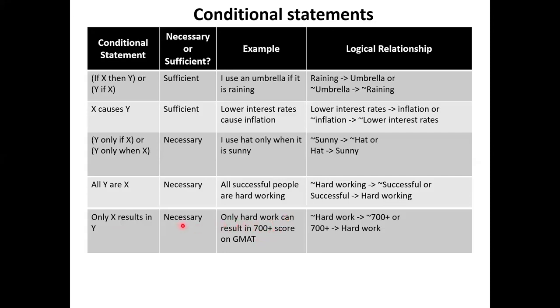And since it's a necessary condition, how do we express this, friends? Remember, not X, not Y, which means if a person does not work hard, then that person cannot score 700 plus on GMAT. Now, the moment we have this logical relationship, arriving at this relationship is not difficult because it's just a contrapositive. Again, how do we construct a contrapositive? Whatever is on the right goes to the left. What is on the left goes to the right. Both these minuses become pluses.